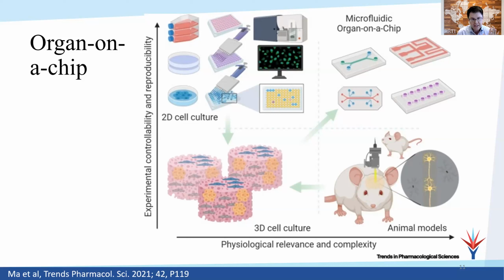And in terms of experimental controllability, 2D cell culture appears to be better than 3D. However, in terms of relevance and complexity, of course, our dear laboratory mouse is highly complex.